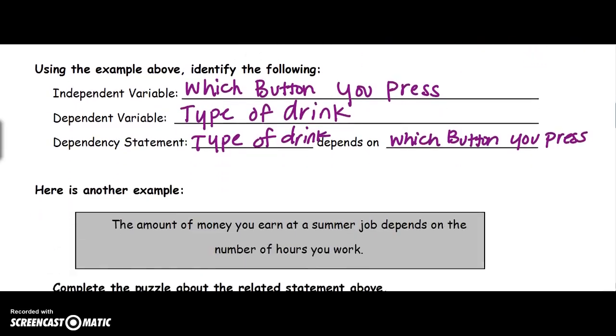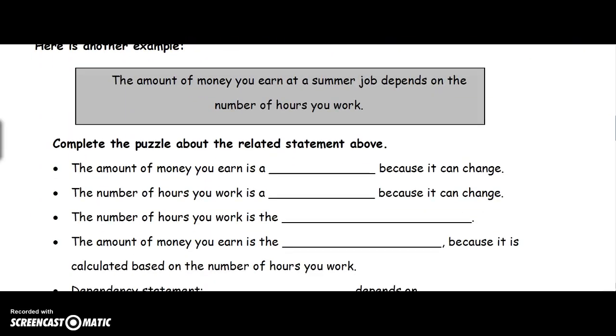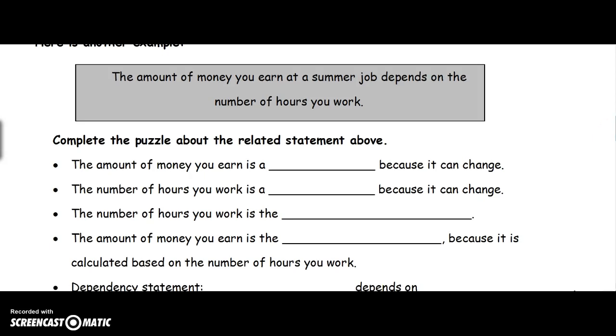So here's an example that talks about that. It says the amount of money you earn at a summer job depends on the number of hours you work. So what we just talked about is this coming before the word depends on is your dependent variable. And whatever follows that is your independent variable.